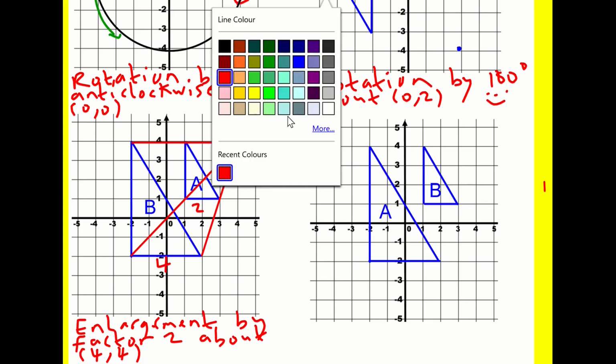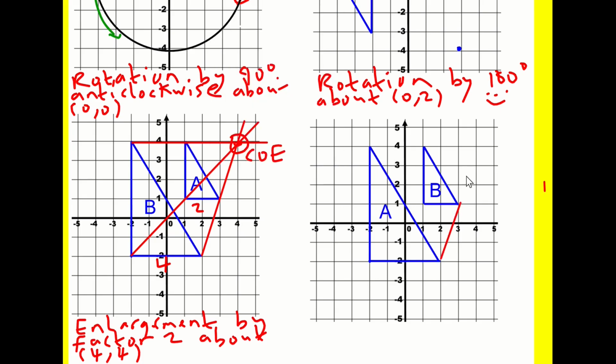So this next one is going to be exactly the same. Actually, I've done this on purpose. I've made the center of enlargement the same, but this time I'm going from the bigger shape to the smaller shape. I'm just reminding you about what happens when it gets smaller. So this is the inverse operation essentially to get back to the original shape. If I started here, made it bigger, how would I get back to the original shape?